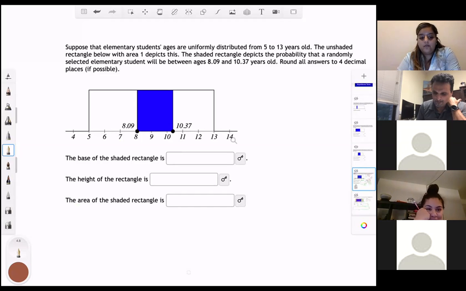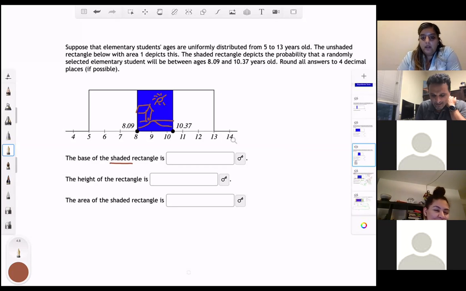So here, there's the base of the shaded rectangle. We cannot go like this, correct? It doesn't work. We have to use the formula. The formula is x2 minus x1, and I'm putting absolute value.